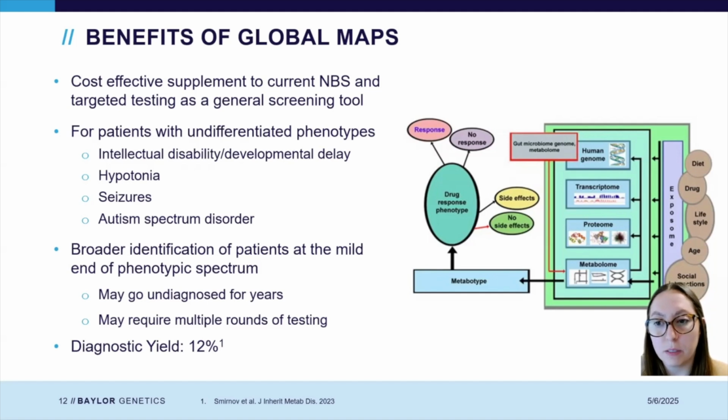In a recent study by Smirnov et al., a systematic analysis of molecular genomic and metabolomics data demonstrated a diagnostic yield of 12%, underscoring its potency in diagnostic strategy in complex clinical cases.